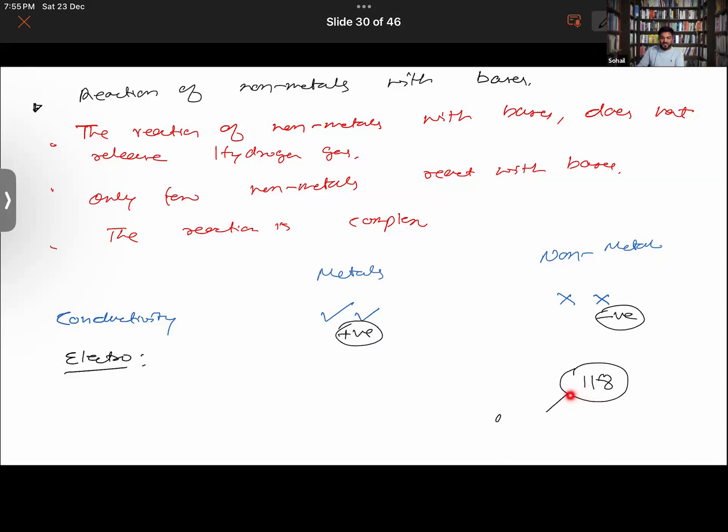Either metals, non-metals, metalloids, whatever, there are 118 elements we know so far. There are slightly more than that. Some books mention 120, some 122, but generally we consider 118.